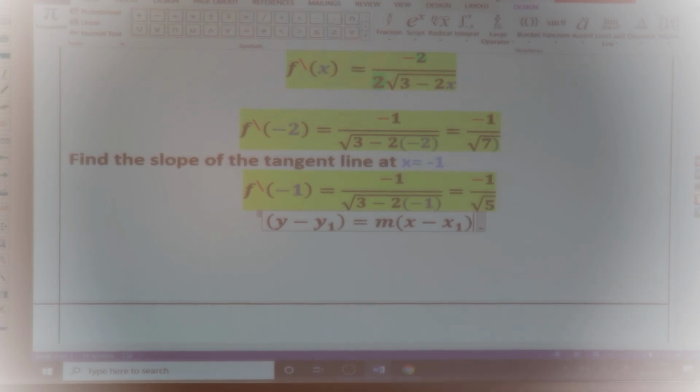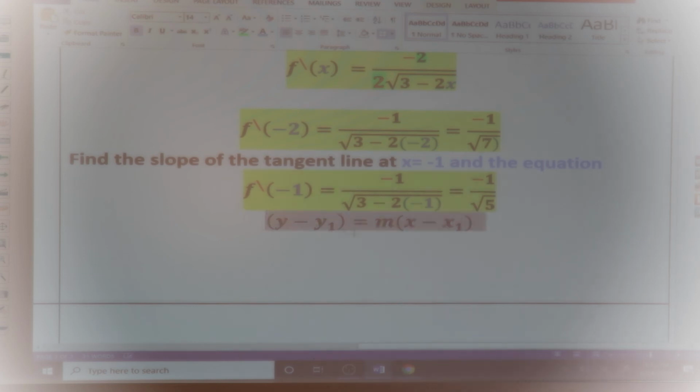Then look here. At x, you find the slope of the tangent line and the equation. Okay, guys, look here. x1 is given. I'm going to take this one, copy, and see what's missing. x1 is how much? -1.